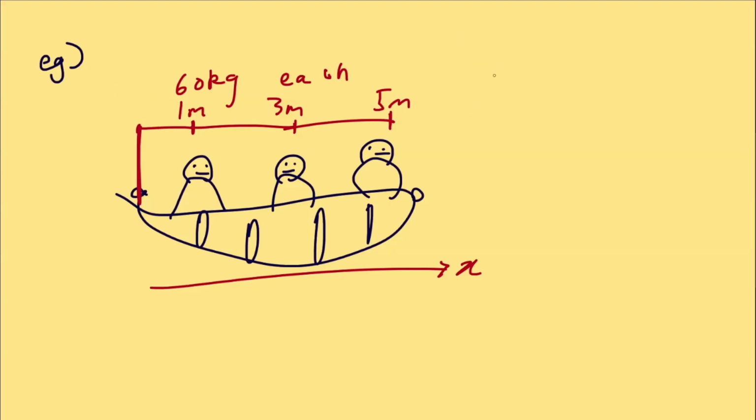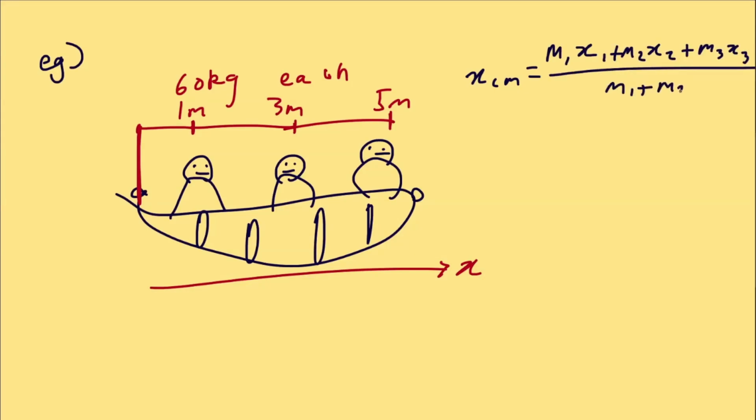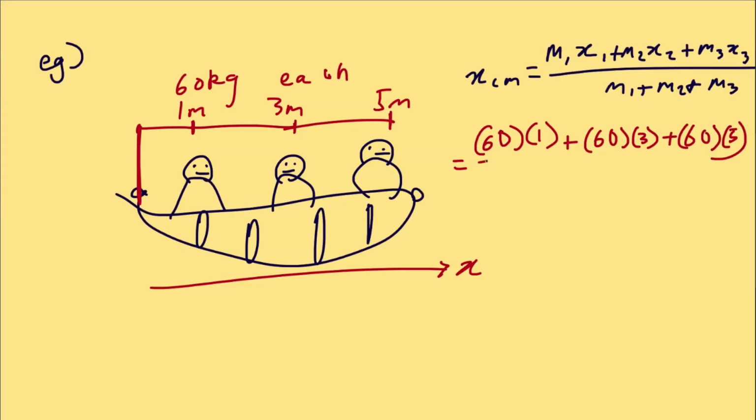Let's use the formula we just talked about. The center of mass position is the mass times position for each friend divided by their combined mass. This is equal to 60 times 1, plus 60 times 3, plus 60 times 5, all divided by their total mass.